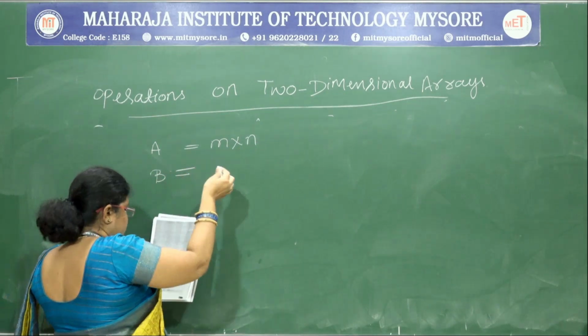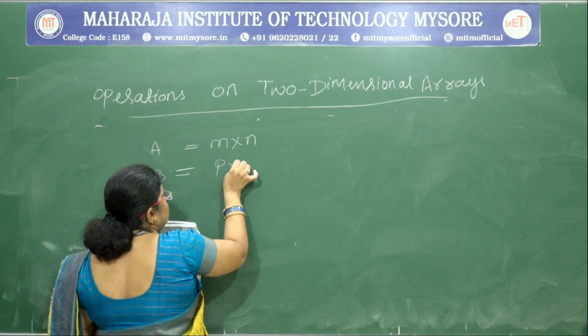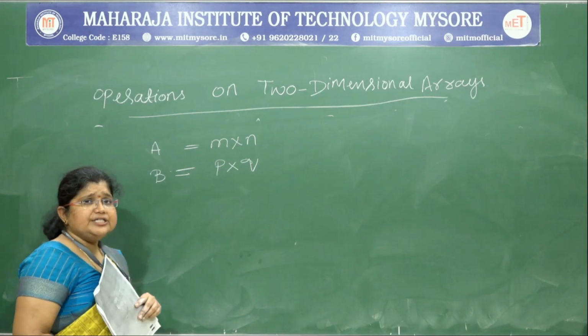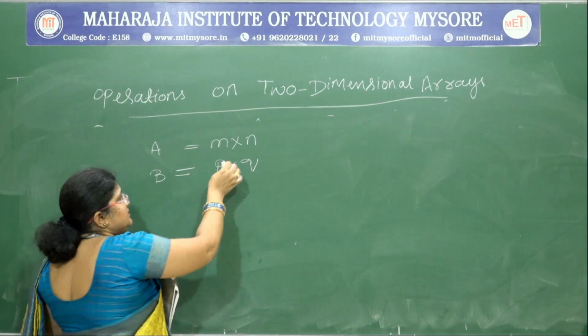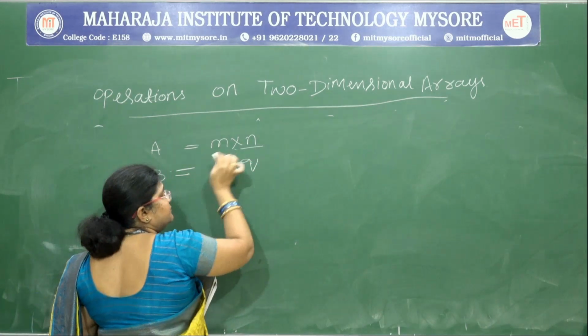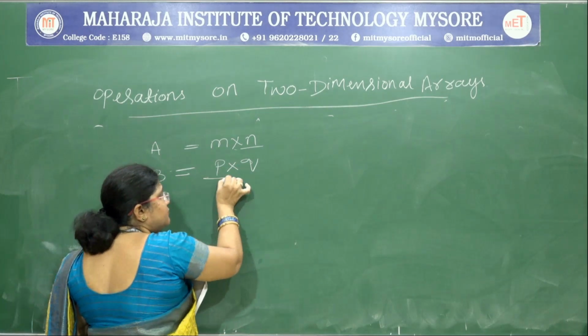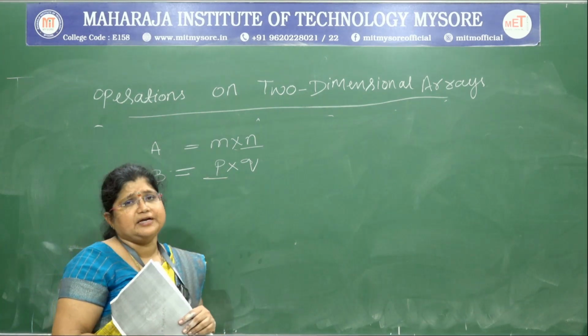the condition that applies here is that the number of columns of the first matrix must match the number of rows of the second matrix.